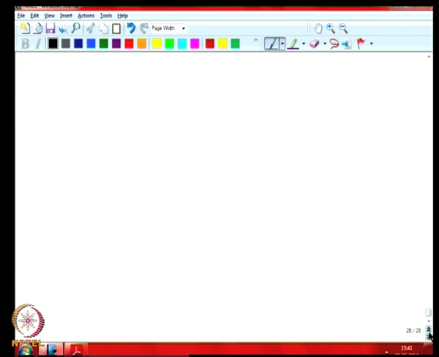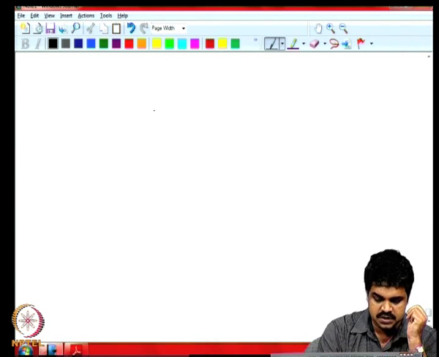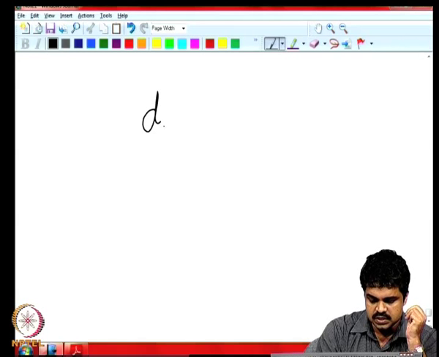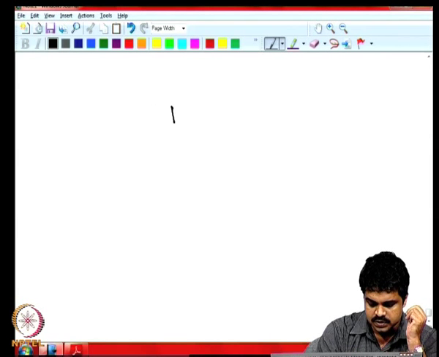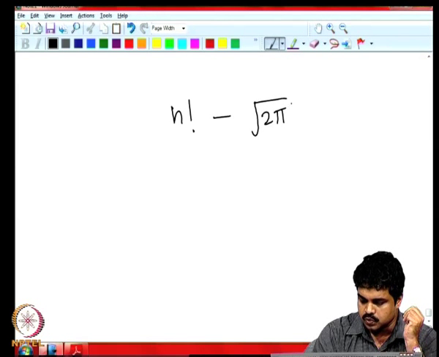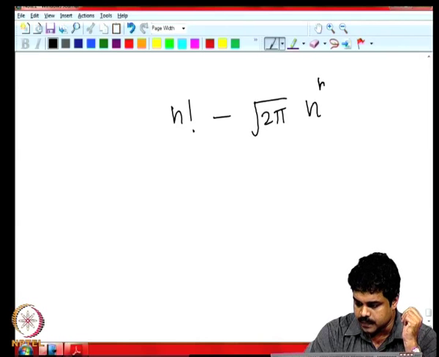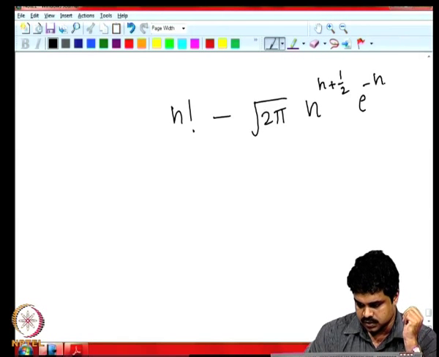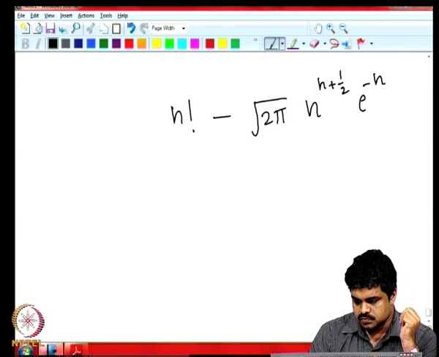So for instance, there are two sides here. One is n factorial, the other side is root 2 pi into n raised to n plus half and e raised to minus n.